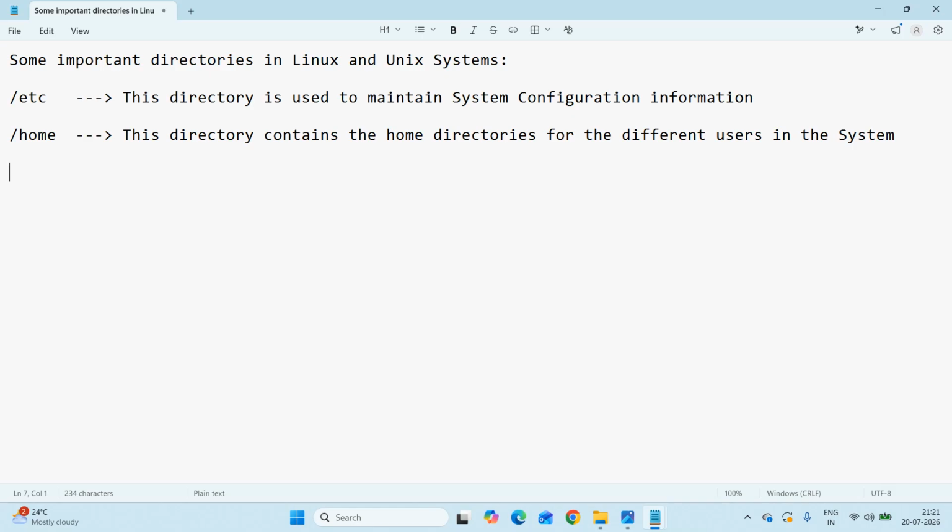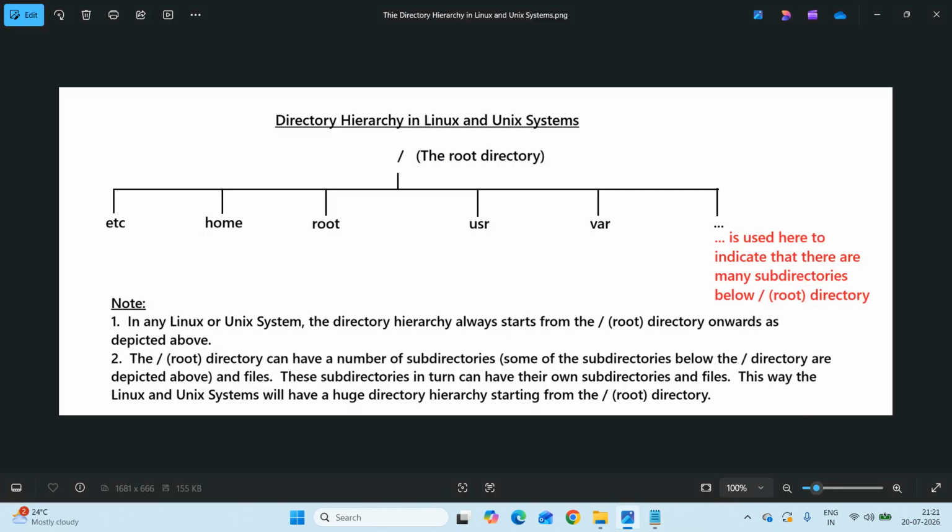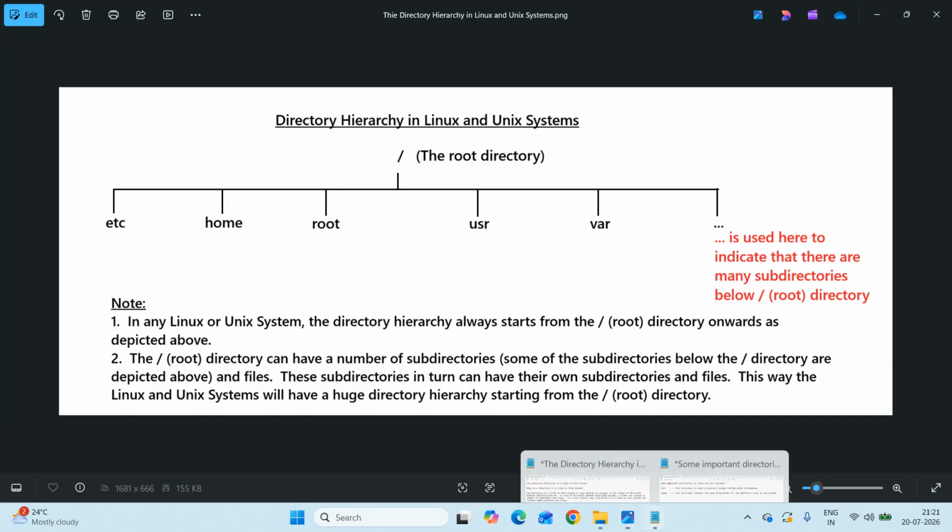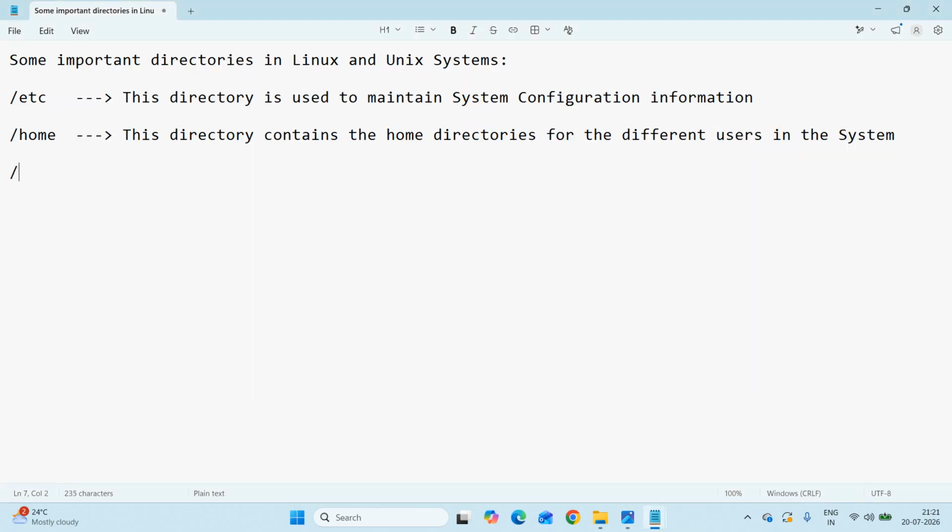Then what about the next one, people? I'll mention this. Okay, root subdirectory below the root directory. It's like this, people. The forward slash that I am writing here, this is the root directory, and below that there will be a subdirectory with the name root, R-O-O-T, a word like this, and this directory is the home directory for the root user.